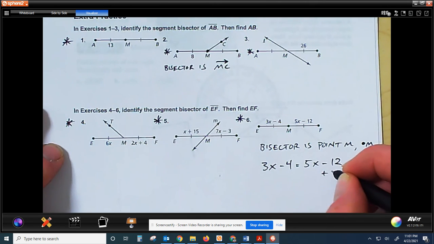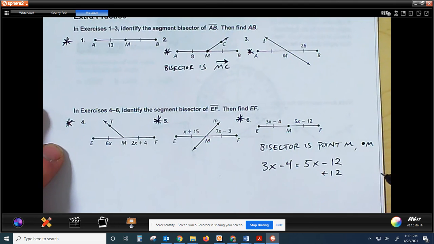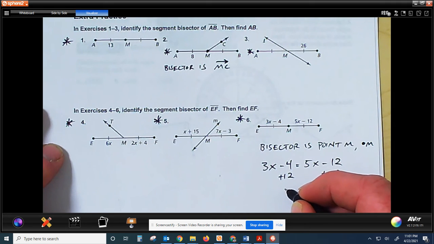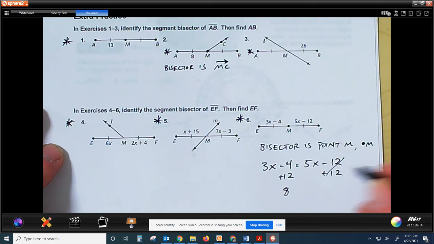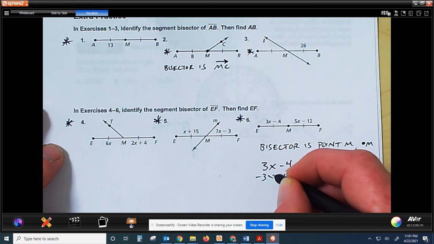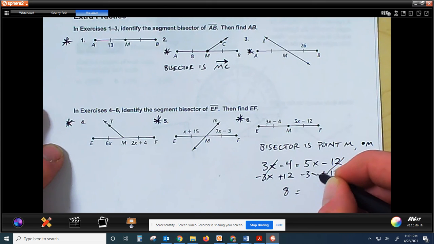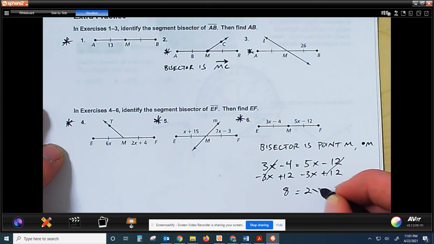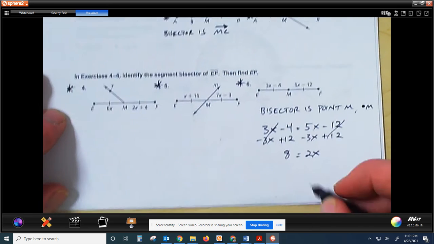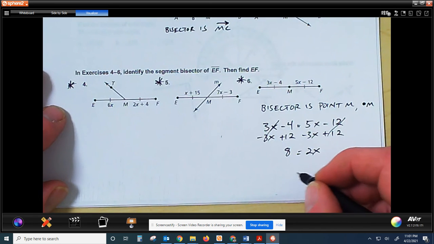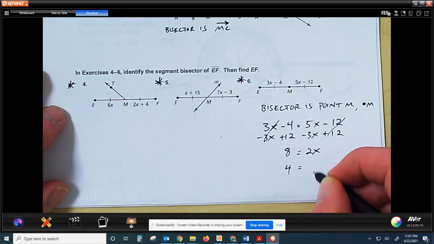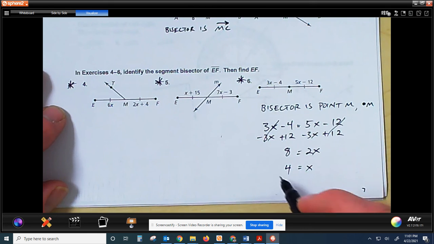Let's add 12 here. This will make this positive. Negative 4 plus 12 is positive 8, and these cancel. I'm going to take 3 x's from here. That'll cancel. Minus 3x here. 2 x's. So 2 times what number gives me 8? Well, 4 is equal to x.